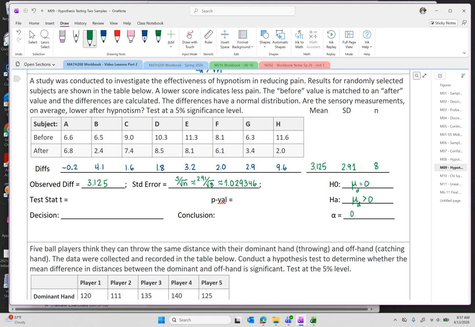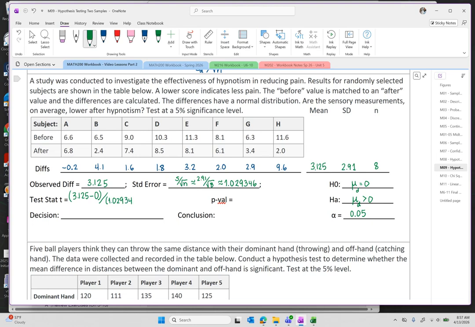Alpha is 0.05. And the test statistic t will be the observed difference, the sample mean, 3.125, minus the mean of the population per our hypothesis test, that would be 0, divided by the standard error, which we found to be approximately 1.029346.